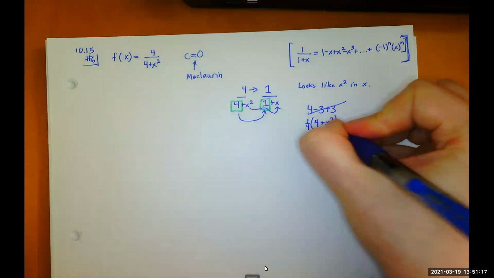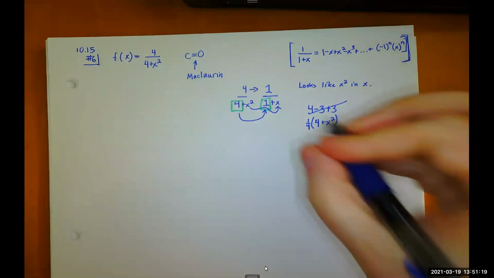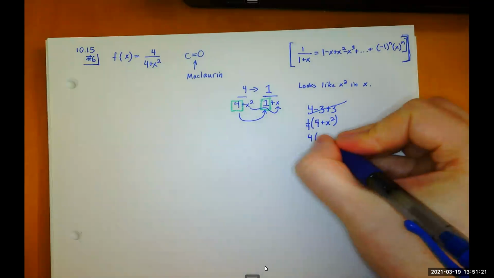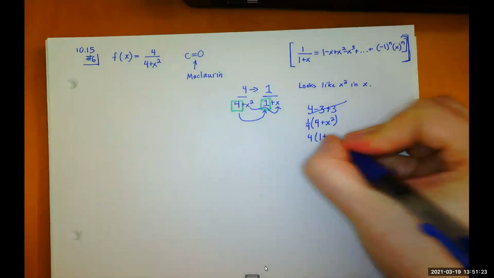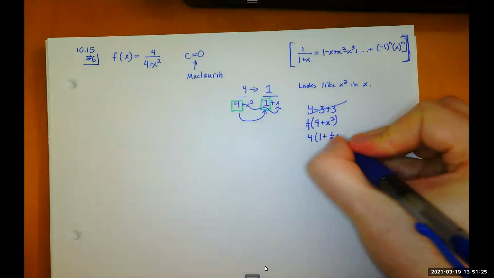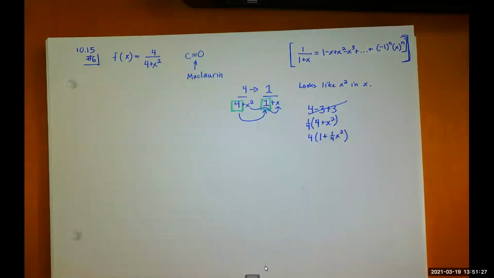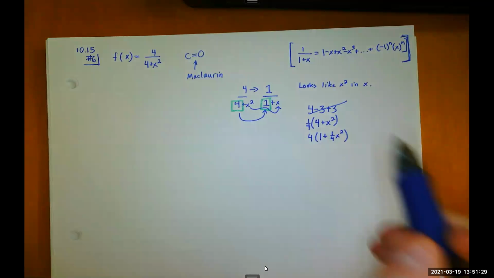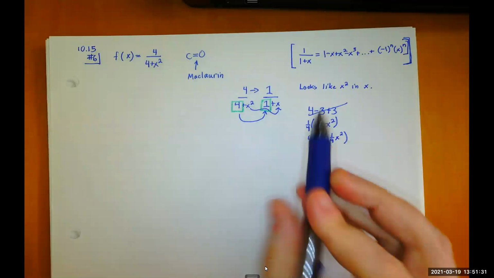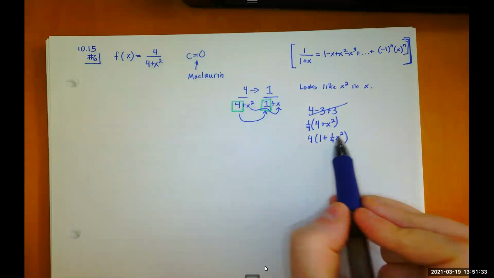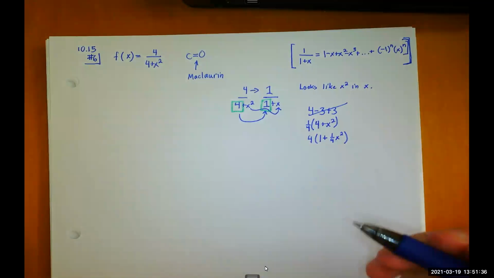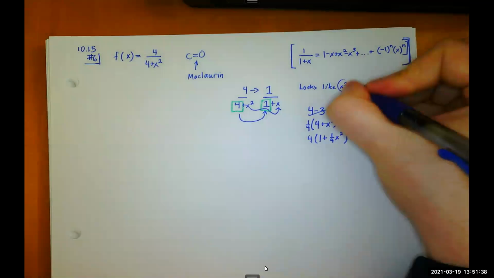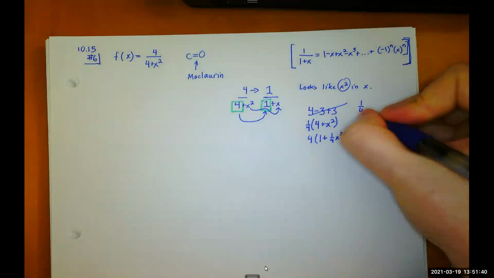Okay, that's not going to work. Oh, how about this? Yeah, if I distribute 4, I have 4 times 1, which is 4, and I have 4 times 1/4 x squared, which is x squared. So I don't have x squared in the x spot. I have 1/4 x squared.